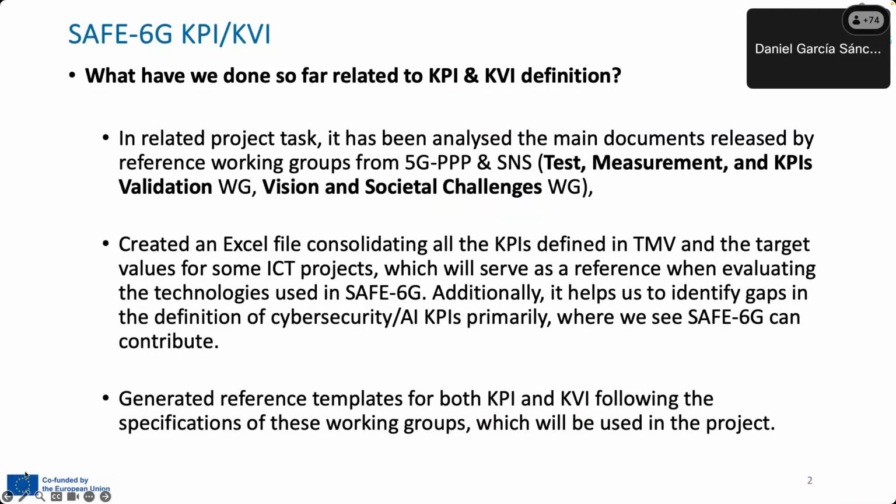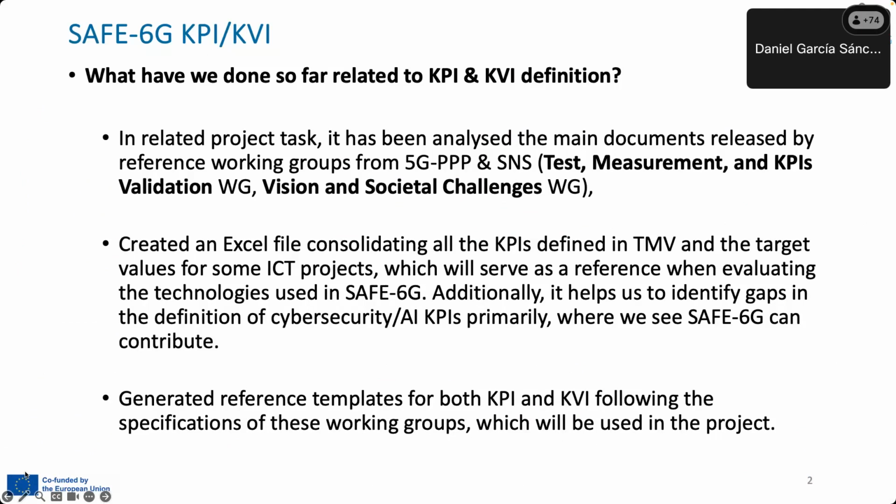Okay, where are we now? For the time being, we have been reviewing and analyzing the documents proposed by TMB working group related to KPIs, definition and measurement tools, proposed to evaluate them. A spreadsheet condensing all the KPIs defined by the ICT projects participating in the working group has been created.